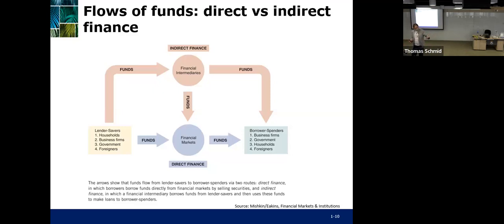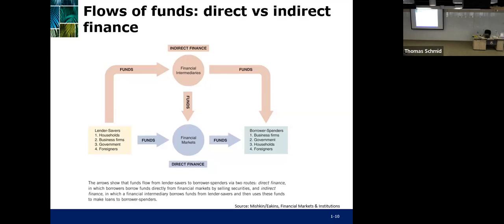The corporation doesn't know that the money they are receiving as a loan comes from you and you and you and me, because we are all small depositors, right? If we have a savings account, we don't know what the bank does with our money, because we have a separate contract with the bank about our savings account, and the bank has a separate loan contract with the corporation. So this is the indirect way.